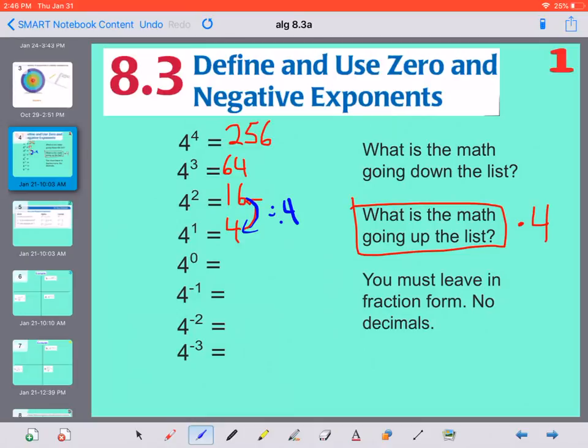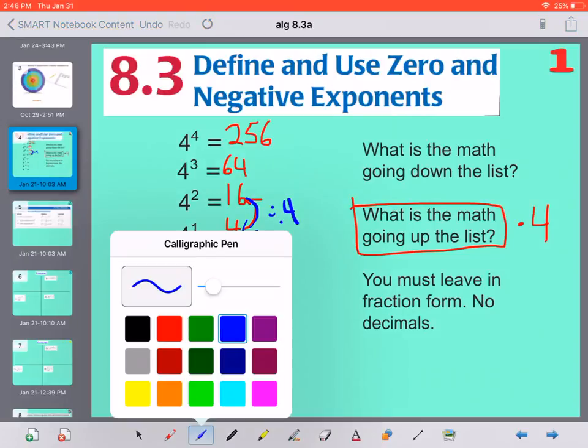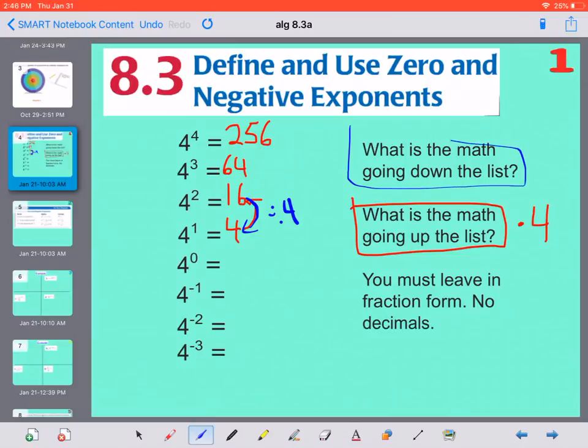So what we are going to do then, if we're going down the list, we're going to be dividing by 4. So if I take 4 divided by 4, that's going to give us 1. Anytime you have a number to the 0 power, it's going to equal 1. If you put that in your calculator, you'll always get a 1.